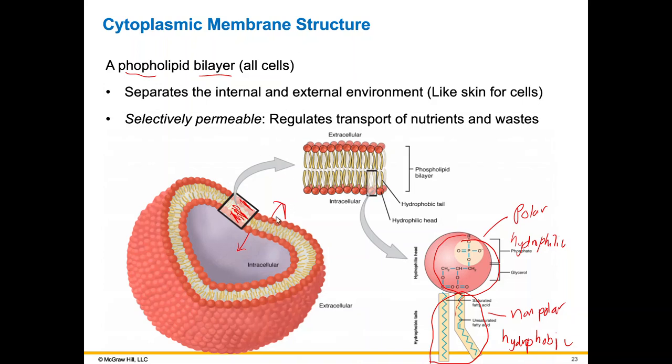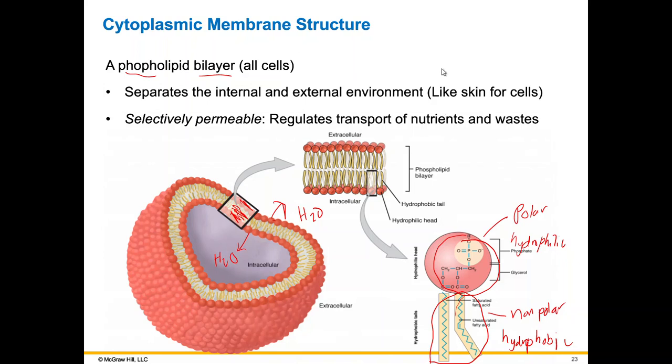And the reason for that is because most of what's inside the cell is water. Most of what's outside and in between cells is water. So those polar heads like that, and those nonpolar tails, they do not. So they get away from water. So anyway, this barrier here is essentially what separates the internal and external environment of these cells.